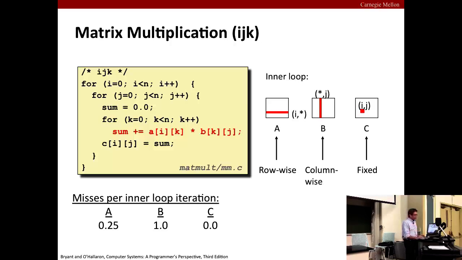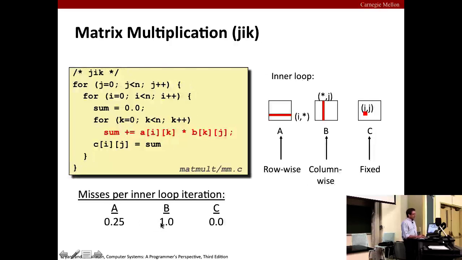So 1 out of 4 references to A will miss. But because the access pattern for B is column-wise, every reference to B will miss. Okay, so the average number of misses per loop iteration is 1.25. Okay, the JIK version is exactly the same pattern.